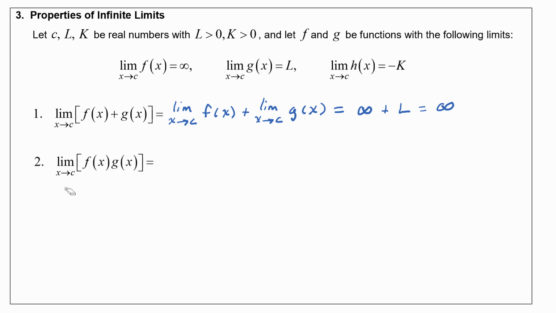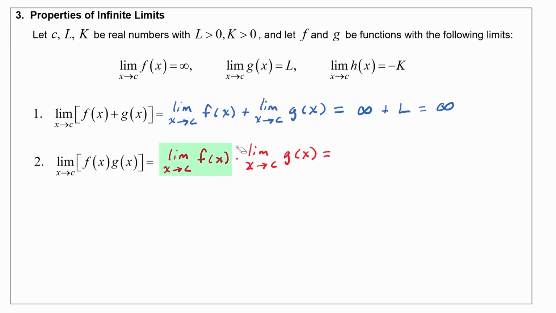Here we have the limit as x approaches C of the product f of x times g of x. So we can write this as the limit as x approaches C of f of x times the limit as x approaches C of g of x.